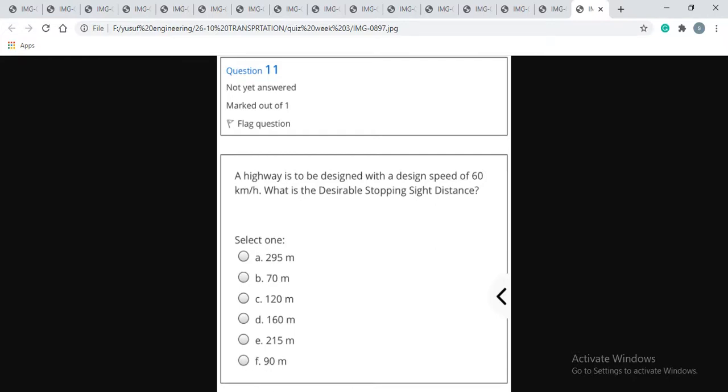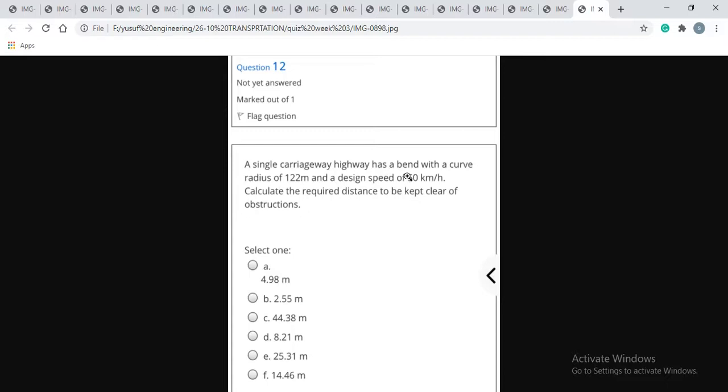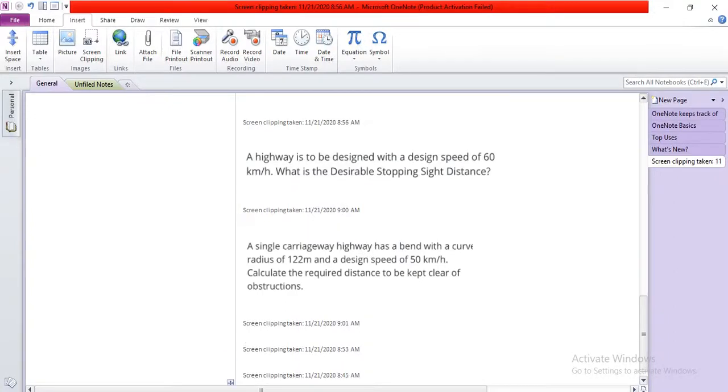So the next one: a single carriageway highway has a bend with a curve radius of this much and a design speed of this. Calculate the required distance to be kept clear of obstruction. Again a very simple question. This is the question, and I will paste it here.